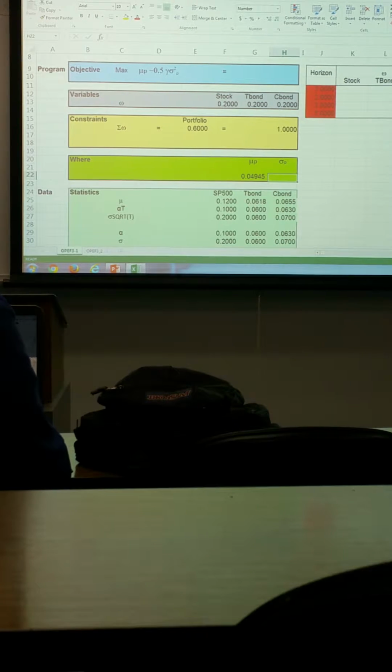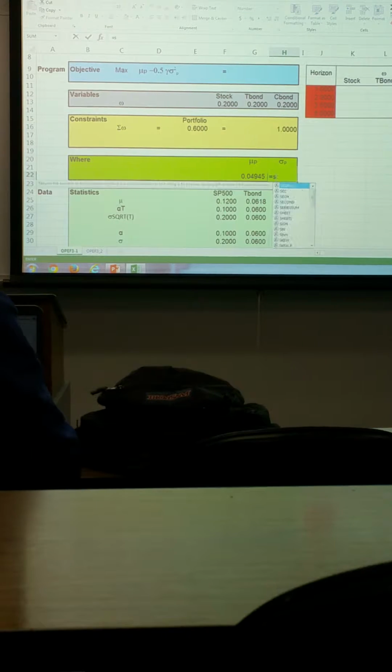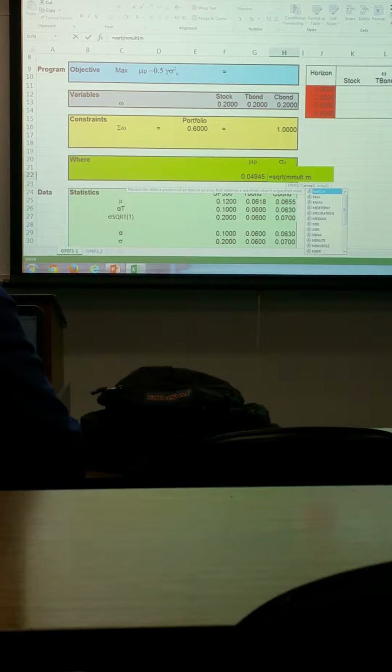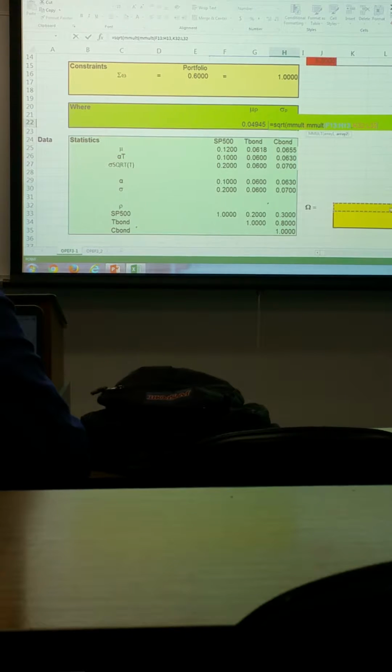No square root here. Oh well. Next one is equal to square root, and then m mod. We need to have another m mod, right? M mod, this W, comma, and then omega, which we are supposed to create right there.